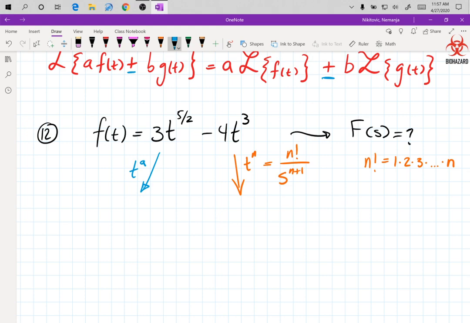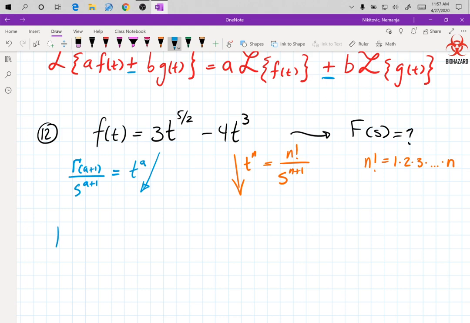And t to the a has a very interesting solution, something that we need to talk about, which is a gamma function, hello Riemann, over s to the a plus 1. What the hell is the gamma function now? Well, we have to deal with the gamma function, right? So the gamma function is a function that allows you to deal with these functions that have exponents.